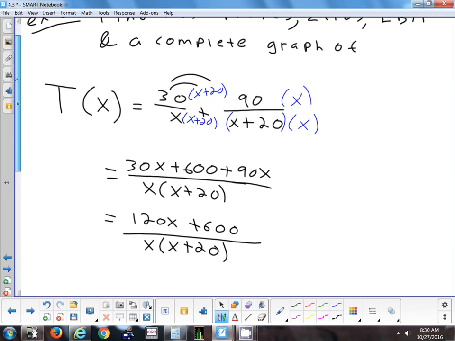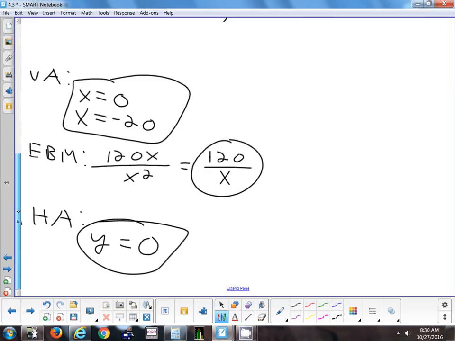The zeros. Right. So in order to find the zeros, what do I have to do for that? What does that mean? Find the real zeros.